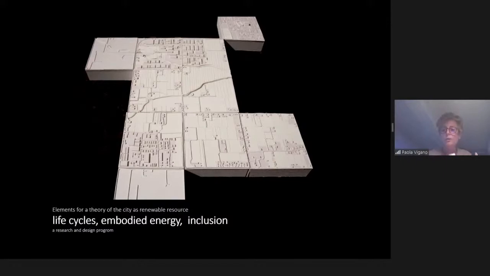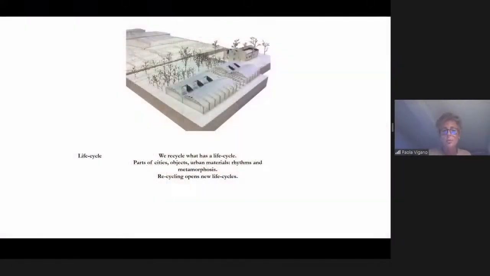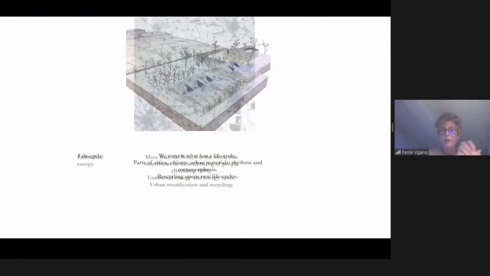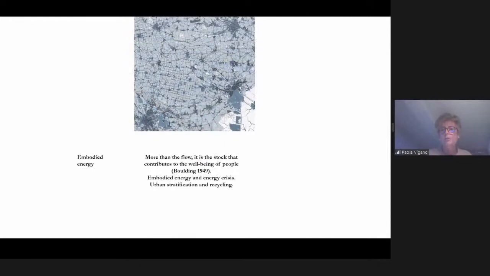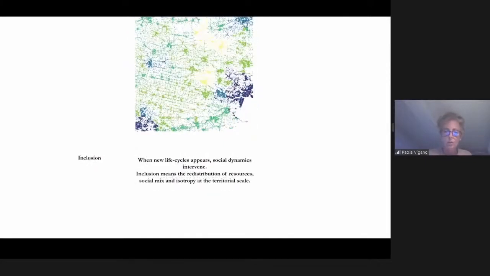So the question of inclusion and exclusion is absolutely central. So these were the first ways in which I thought we could reflect on elements for a theory of the city as a renewable resource, which has been a research and a design program. I go very quick here. So: life cycles, embodied energy at the scale of the territory, and the question of inclusion.